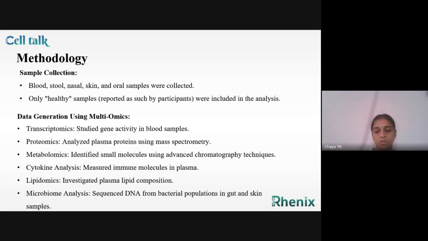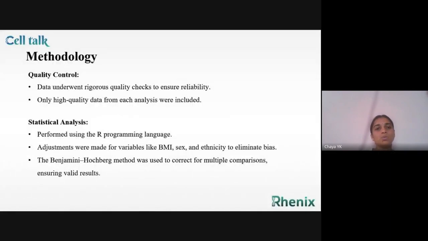So, all these samples were carefully processed in the lab, and advanced methods were used to ensure the results were accurate. To enhance the reliability, statistical adjustments were made to account for factors like body mass index, sex, and ethnicity. The study then tracked how these biological factors changed as participants aged, offering insights into the aging process.